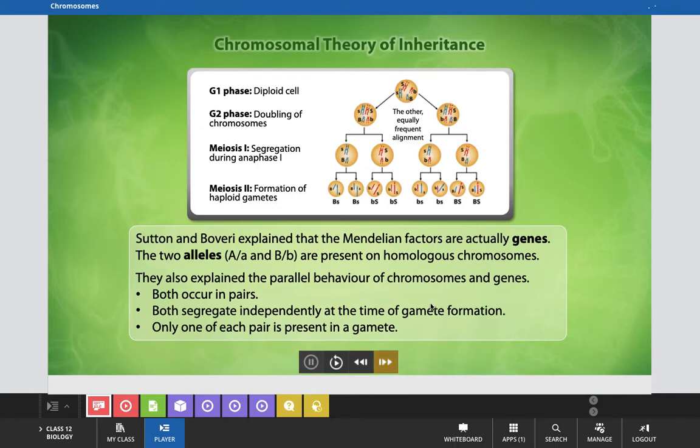The gametes get separated due to the process of meiosis, which was proved when chromosomes were discovered. Only one of each pair is present in a gamete. Mendel also suggested this in his principle of purity of gametes, the second law of genetics, and later the same thing was observed about the chromosome. Only one of each pair is present in a gamete.